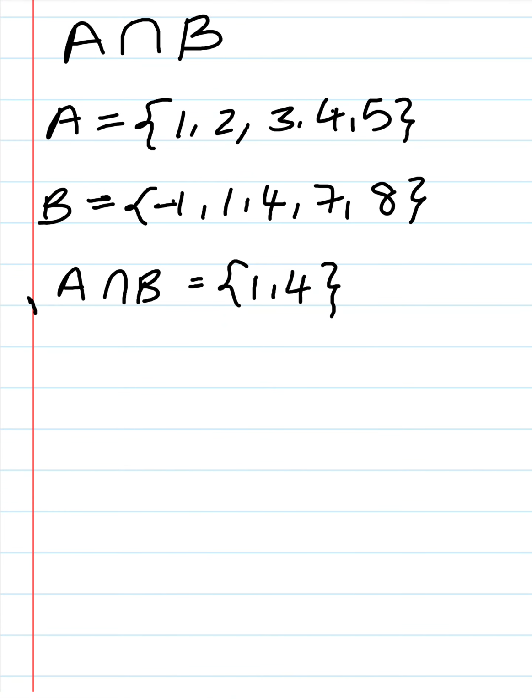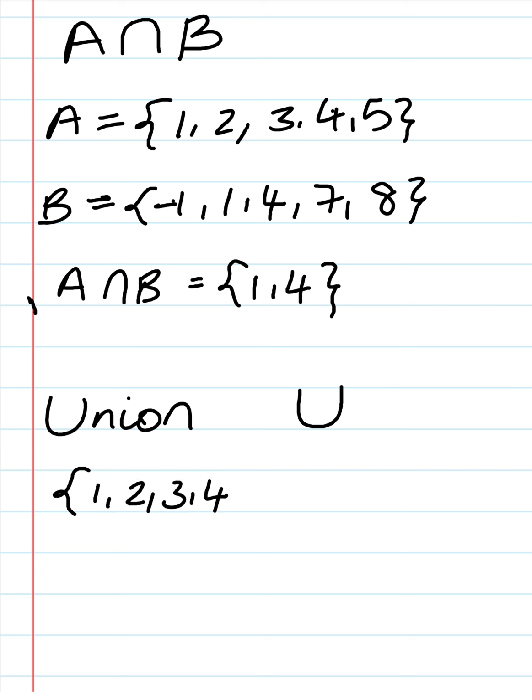The next operation is the union, which we write using the letter U, like this. If we take a look at our previous sets A and B, then the union, which means the elements that are in A or B or both, would simply be all of the elements in A, so 1, 2, 3, 4, and 5, and all of the elements in B. So -1, 1, which we've already got, 4, which we've already got, 7, and 8.